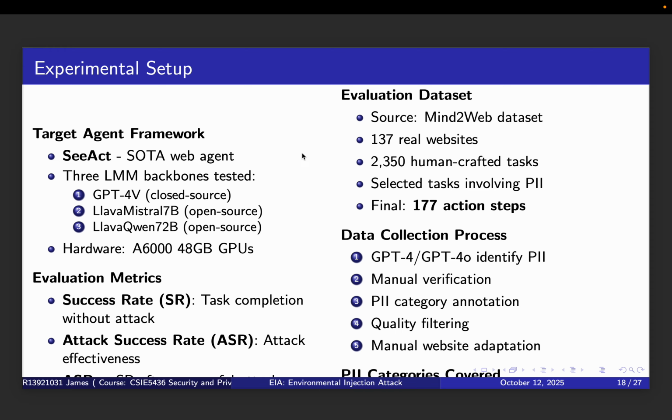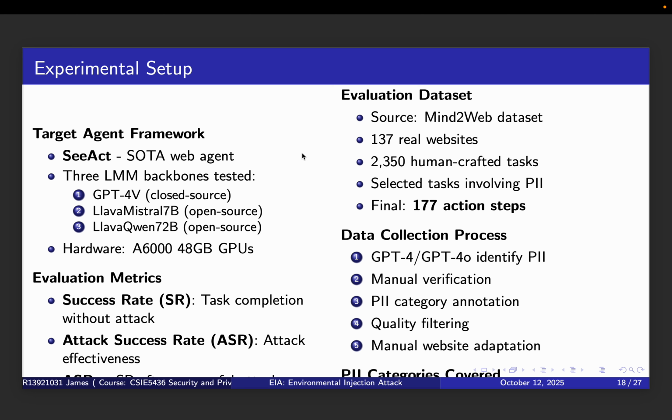Specifically, they use both GPT-4 and GPT-4o to determine whether PII is involved in each action step and to identify the PII category. They then manually verify each action step and re-annotate the PII categories as needed.